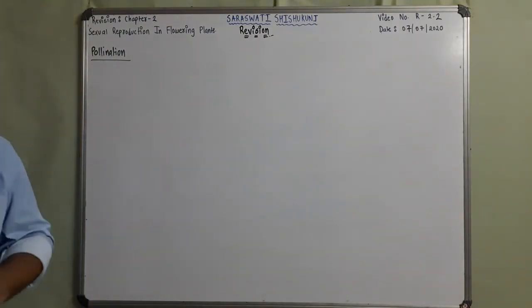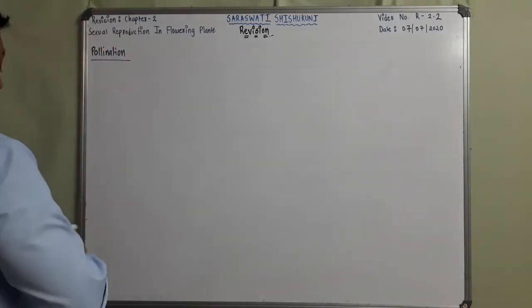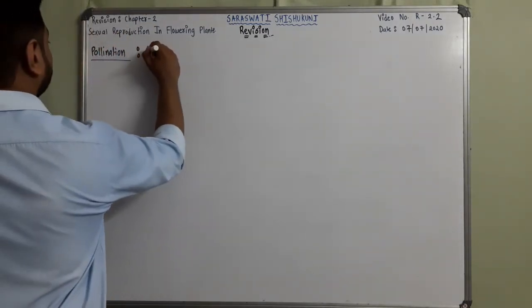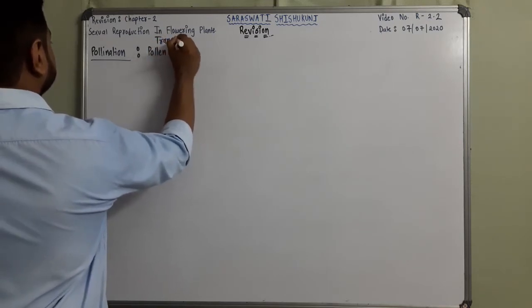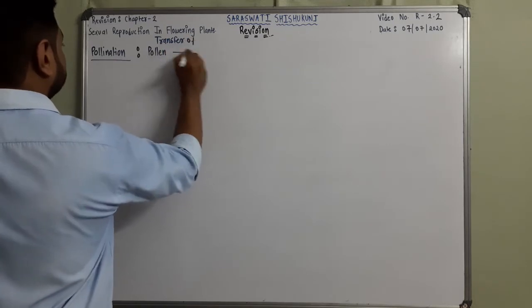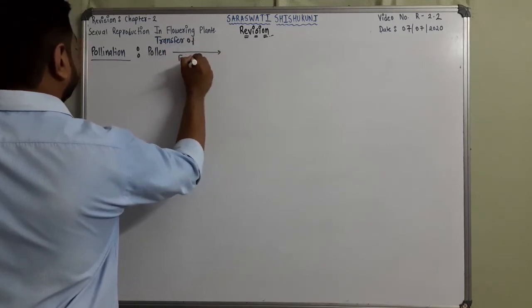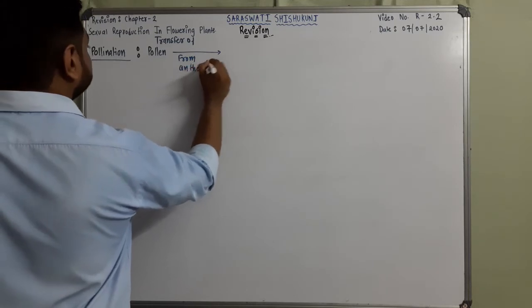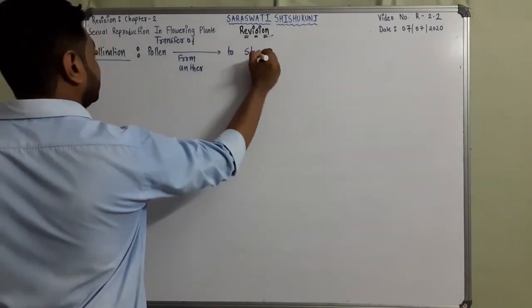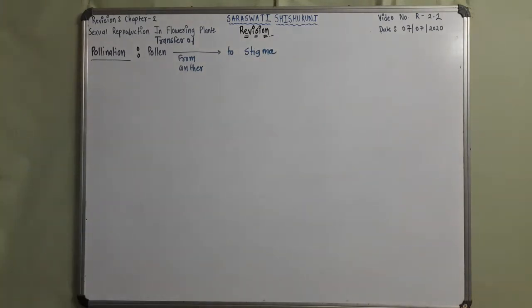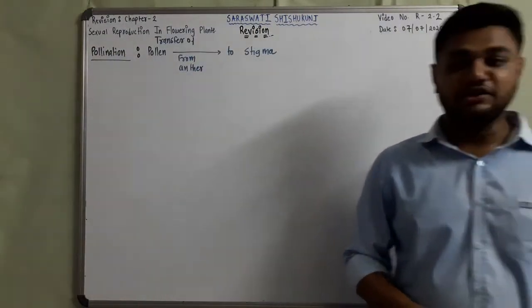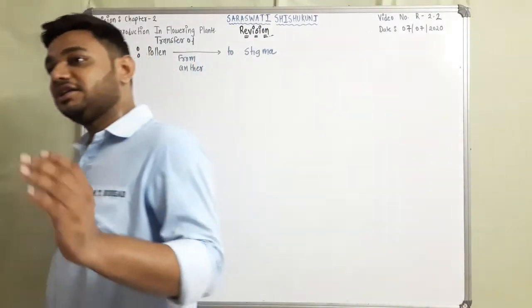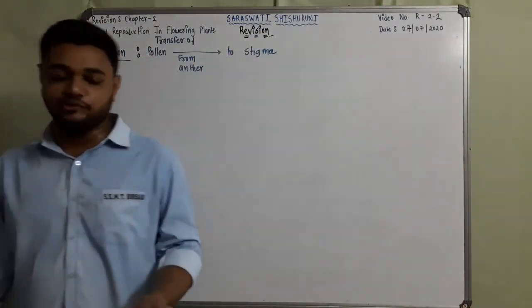Now it is divided into mainly three types. The first two are included in self pollination, while the next one is referred to as cross pollination.